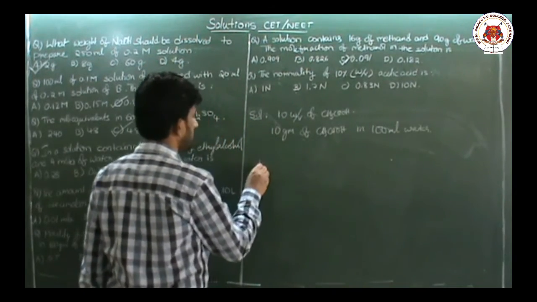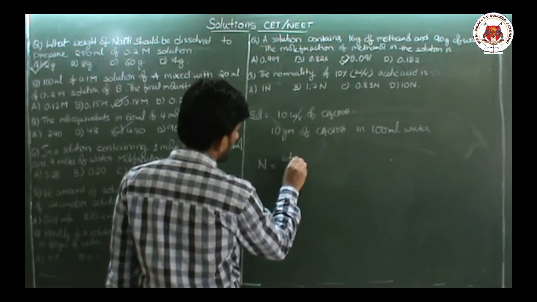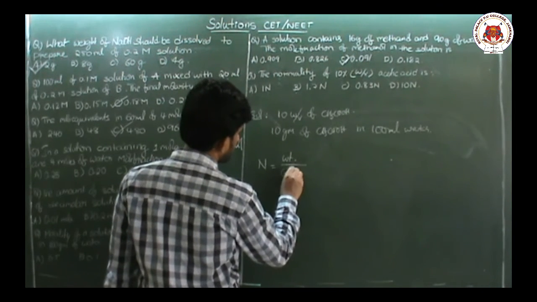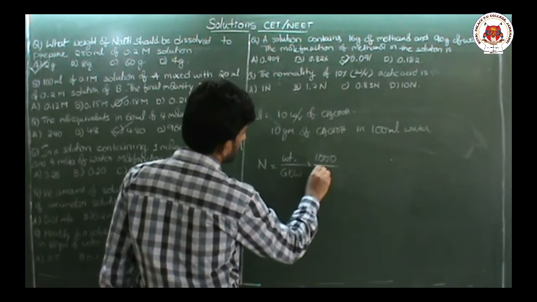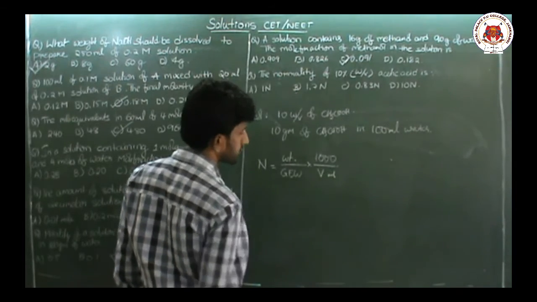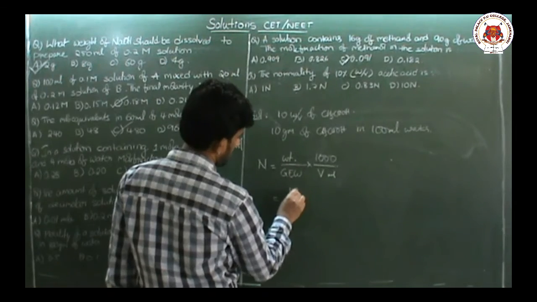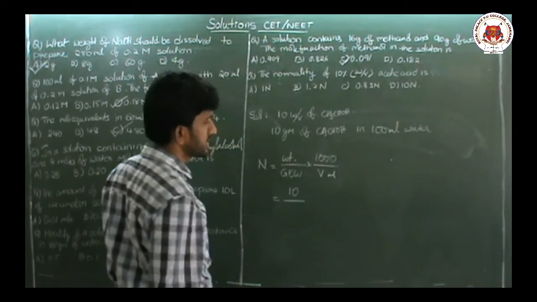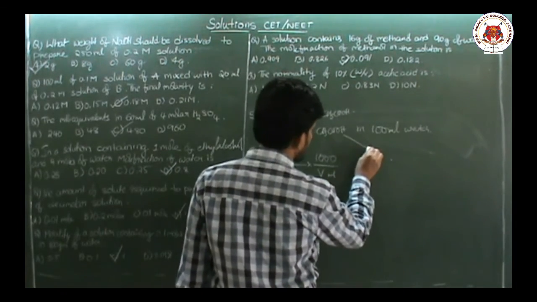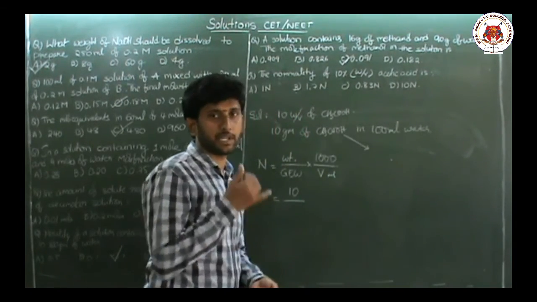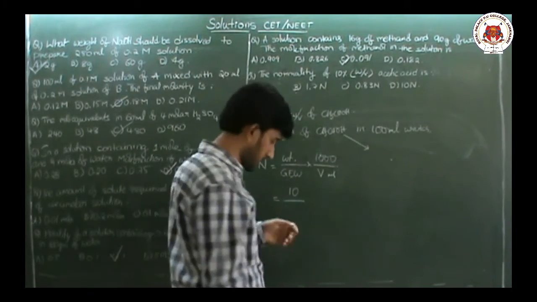So what is normality? Normality is equal to weight by gram equivalent weight into 1000 by volume in ml. What is weight? 10. What is gram equivalent weight of acetic acid? For acetic acid, gram equivalent and gram molecular weight both are same because only one H plus ion, basicity 1.